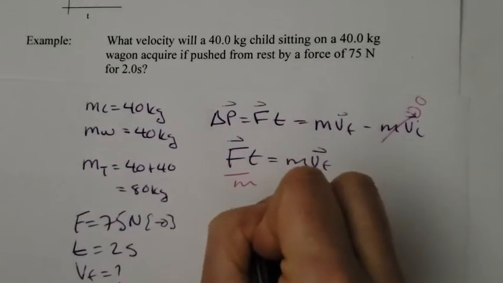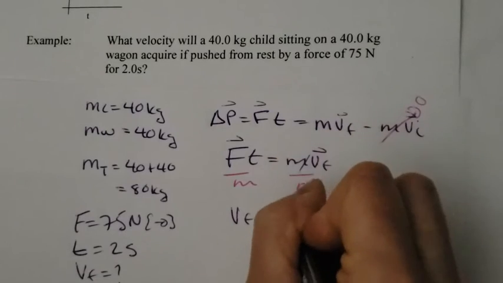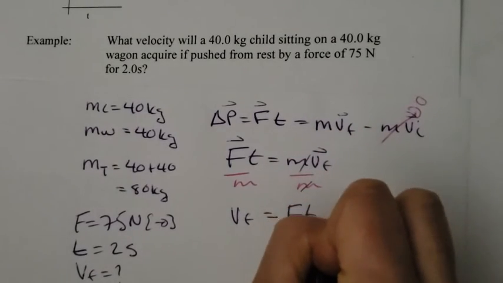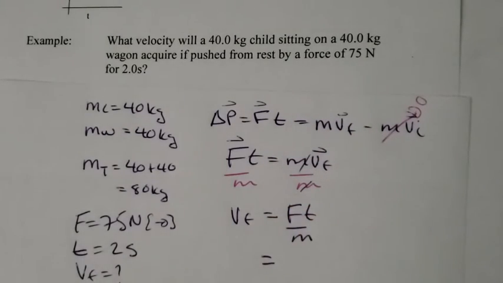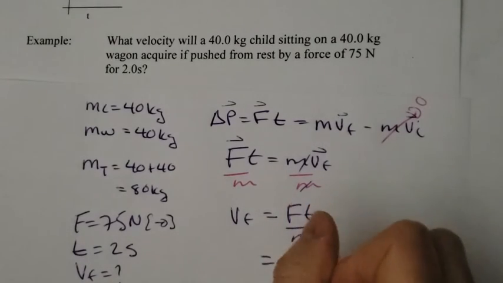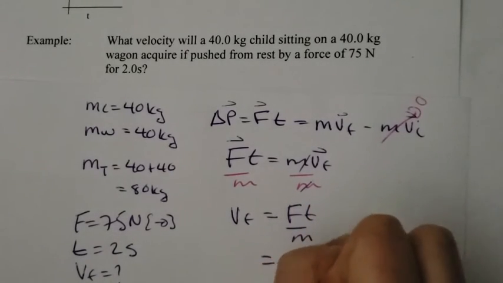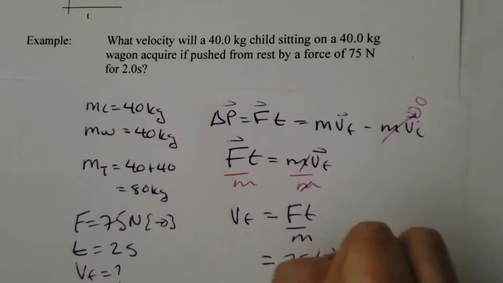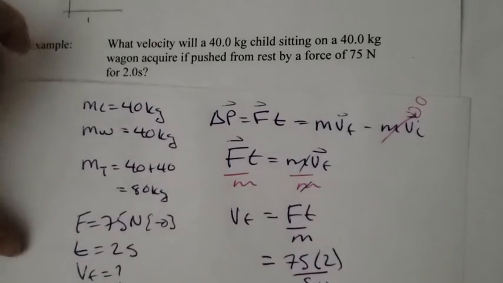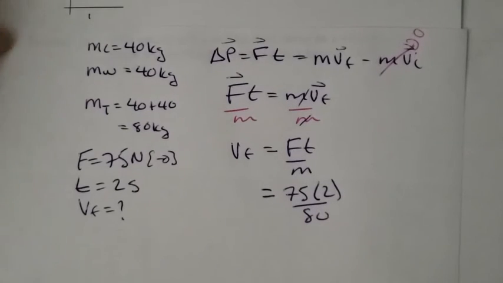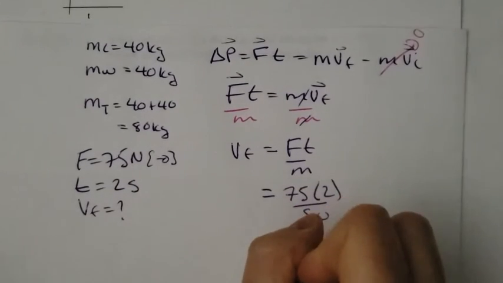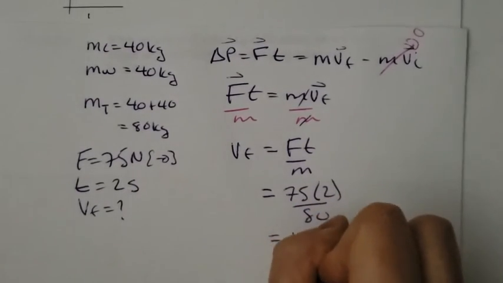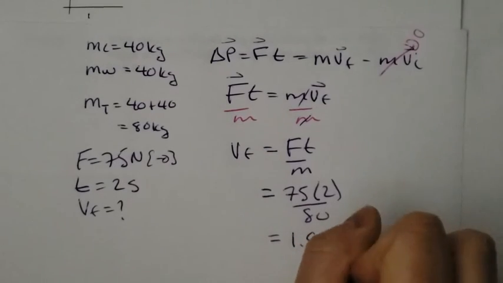And I have vf is equal to Ft divided by m. I plug in what I know. So the force is 75, the time was 2, the mass was 80. And I end up with 1.9 meters per second forward.